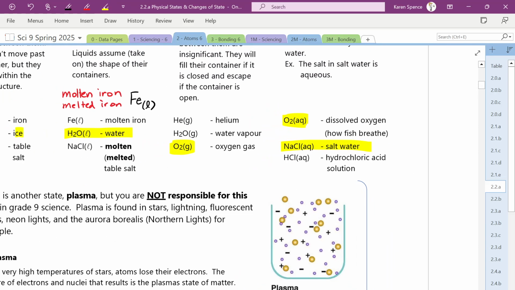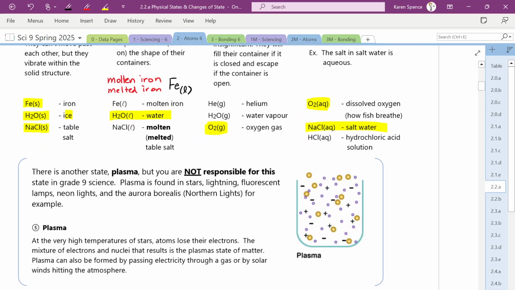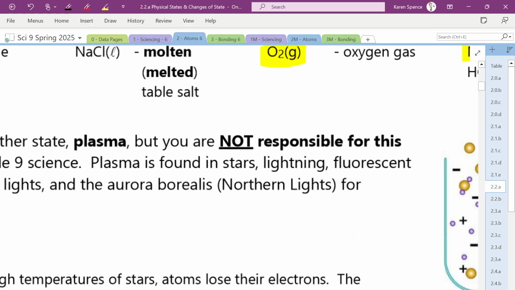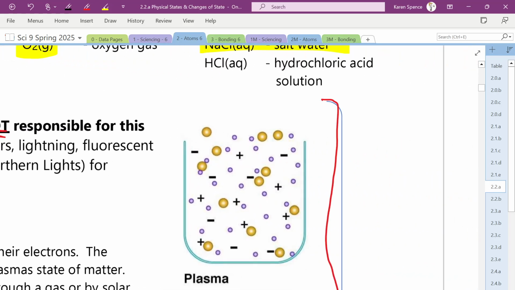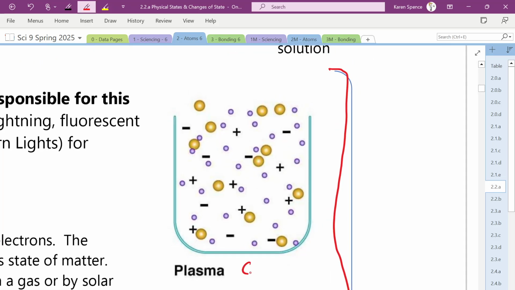All right. Everyone always asks about this, so I put it in, but notice I have put it in brackets. I put it in brackets because you are not responsible for this. Plasma is essentially a gas. It's a gas with a charge.